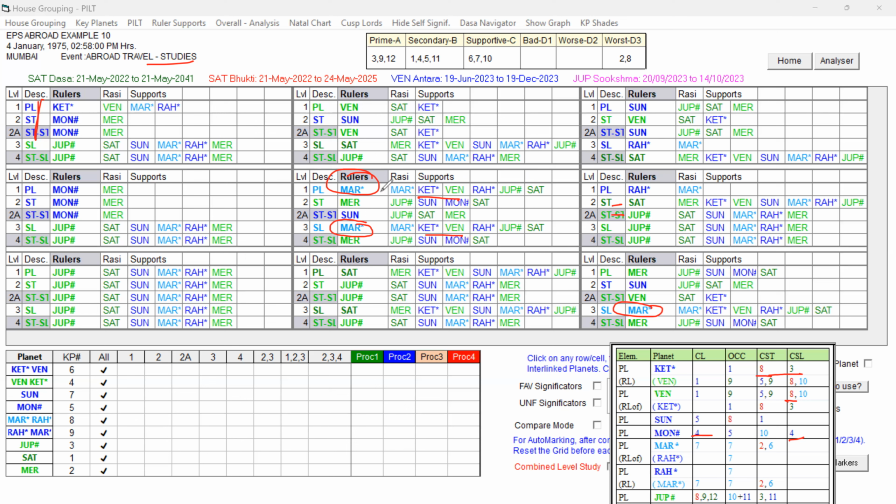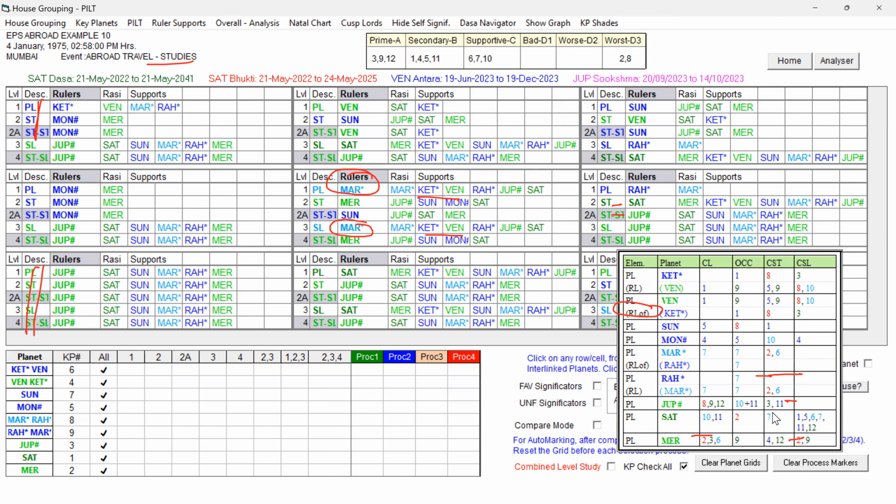After that, Mars is over, Rahu Dasa is over, and Jupiter Dasa started. If you look at Jupiter, all levels are ruled by Jupiter, supported by all the planets. It is good. But if you look at Jupiter alone, you can see this Jupiter is 8, 9, 12, 10, 11, 3 and 11.